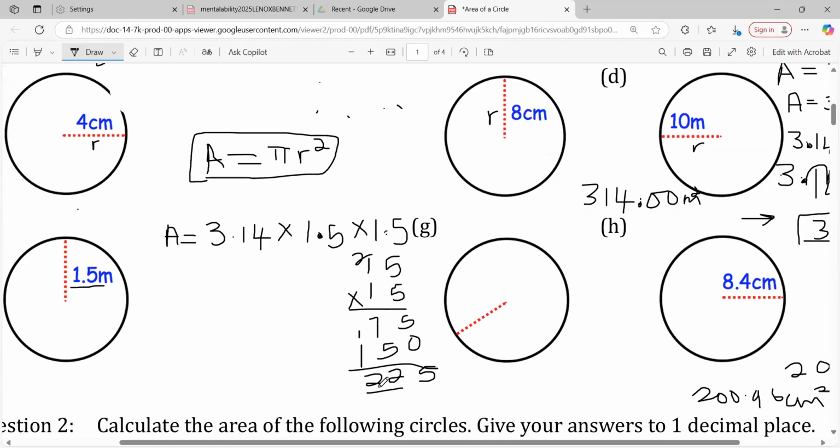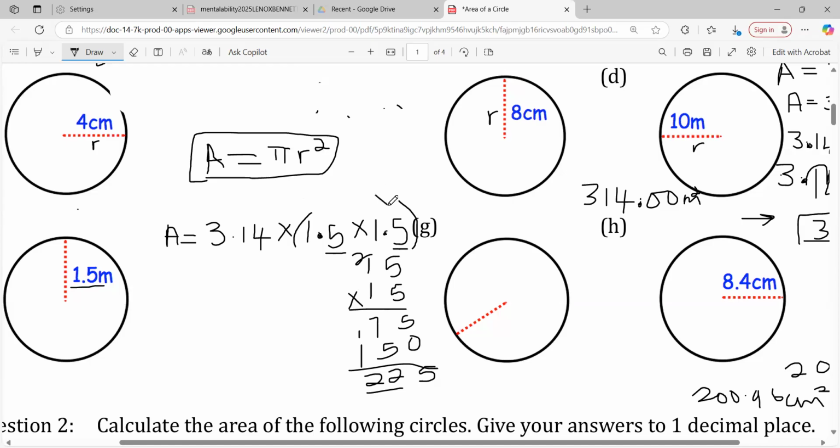So it's 225, right? But how many decimal places did we have originally? No, I'm just talking for this part. 1, sir. One? No, 2, sir, 2. Sorry. 1 plus 1, yeah, because we have 0.5. Remember, the number of decimal places is determined by how many numbers come after the decimal point.